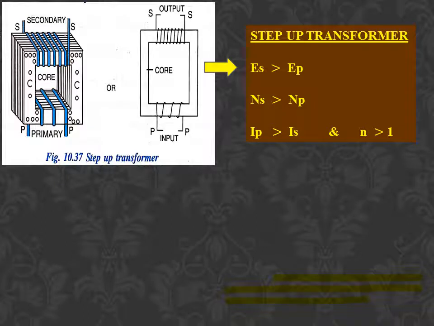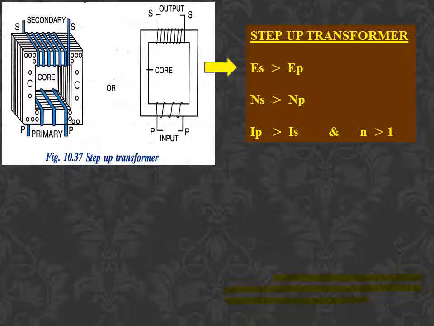A step-up transformer is used to change a low alternating voltage to a high alternating voltage of same frequency. That is, Es is greater than Ep, where Es is the EMF across the secondary coil and Ep is the EMF across the primary coil.